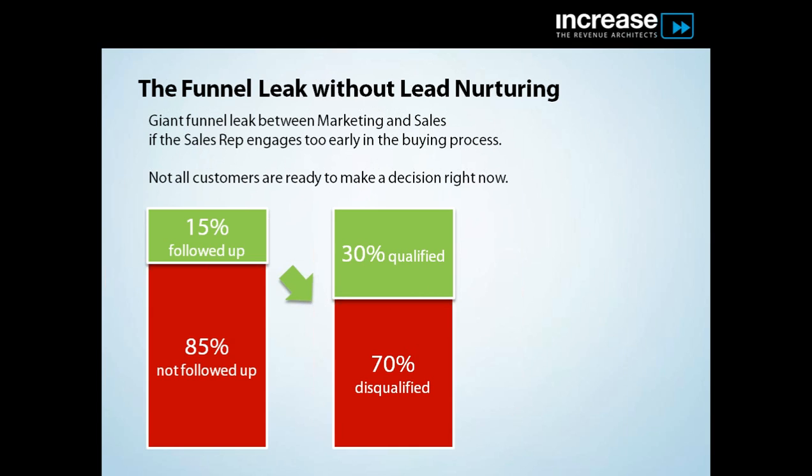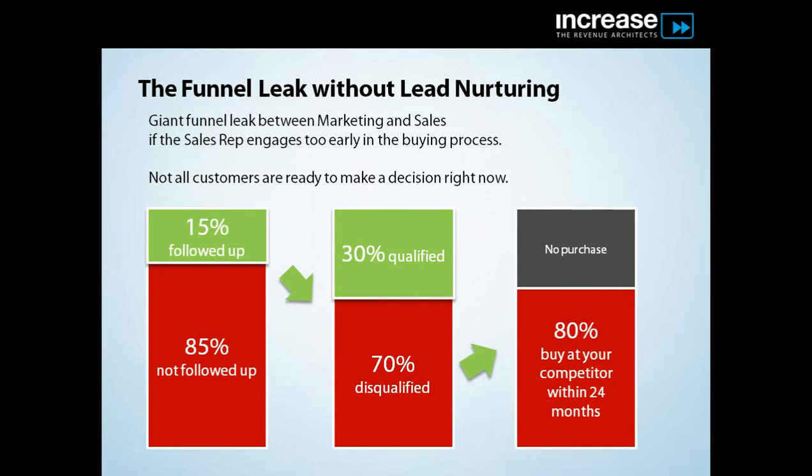So again, a big leak in the funnel. 70% of all the leads that are actually followed up are disqualified. But the real problem is that 80% of those disqualified will end up buying from your competitor within the next 24 months. So the problem was maybe that there was no current potential, but there was potential over time.